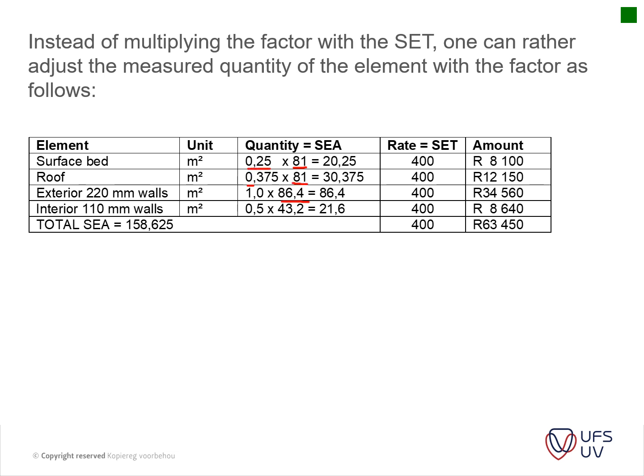So what we just do is, instead of multiplying the factors with our rates, we multiply with our areas, and thus we get a total area of 158 square meters if we add the 20.25, the 30.37 and the 80.4 and the 21.6.